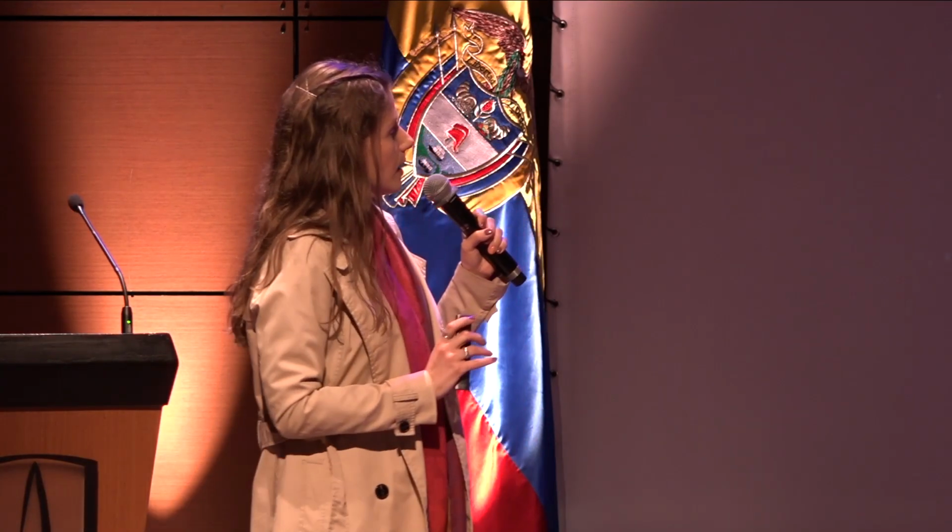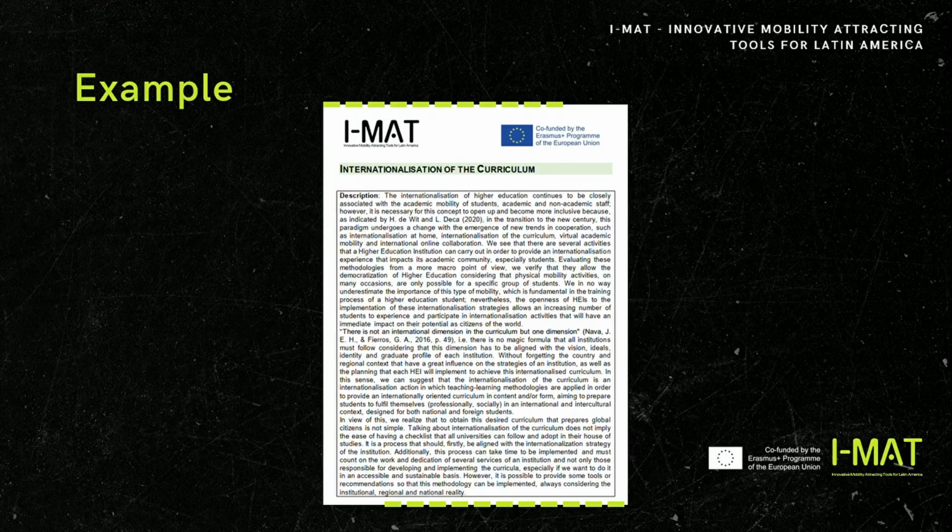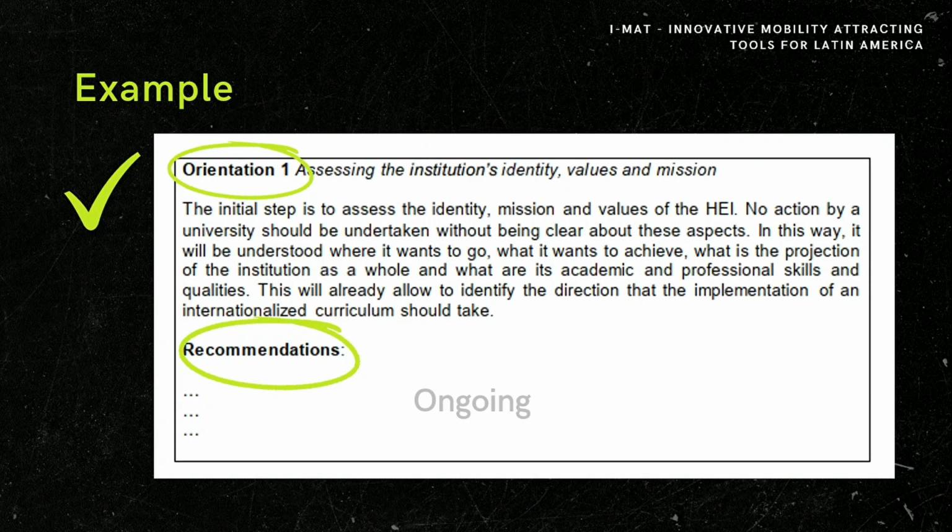Then this was more or less the visual part of our catalog. As I said, for each cluster, each topic, we had a description of, in this case, what internationalization of the curriculum is. And then we had orientations to pursue this internationalization of the curriculum.